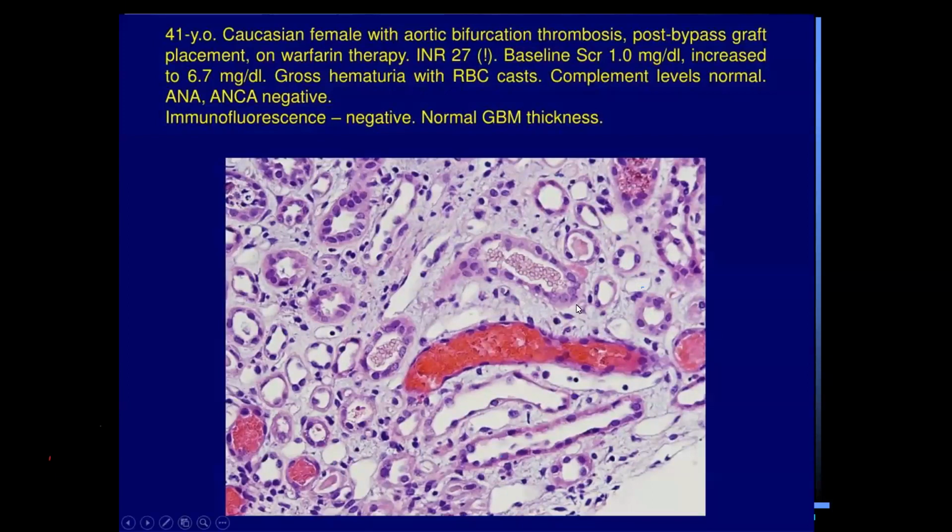For example, in this case scenario of a patient who is a 41-year-old Caucasian female, with aortic bifurcation thrombosis, post-bypass graft placement. The patient was on warfarin therapy. Imagine how much the INR for this patient.